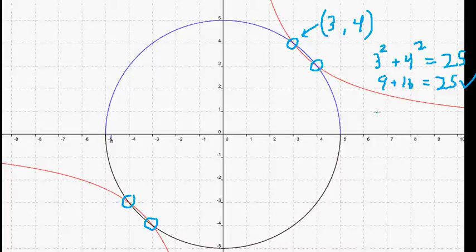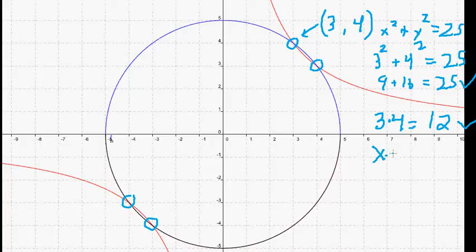Check, it works. We should also have 3 times 4 equal to 12. And again, 3 times 4 does work. Okay, and that's coming from x squared plus y squared equals 25, and here is x times y equals 12.